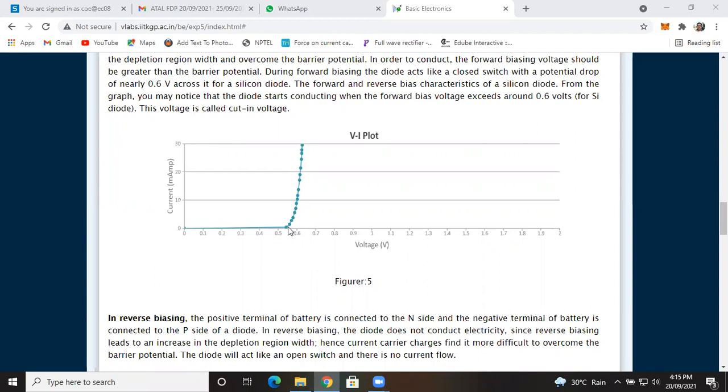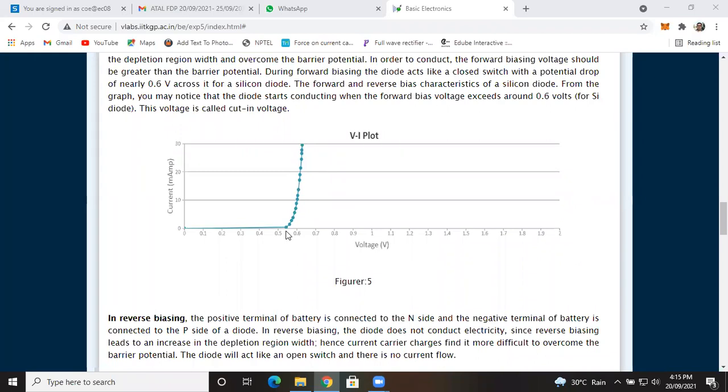But once the forward voltage goes above the barrier potential, you will observe a sharp increase in current. Have you observed it? Between 0.5 and 0.6 there is a barrier potential here, and we consider it approximately 0.6 or 0.7 volt for a silicon diode.